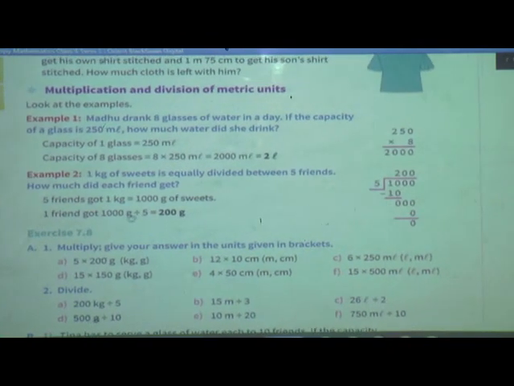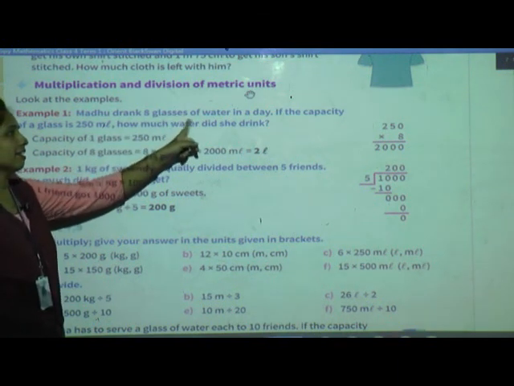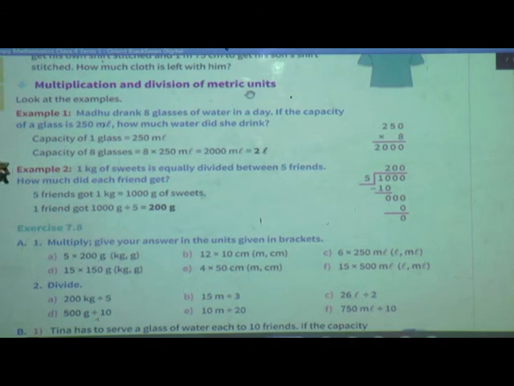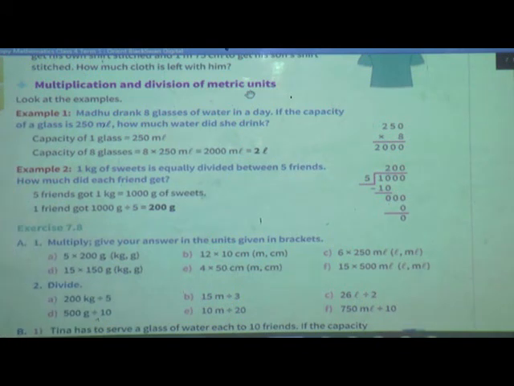Now we will see multiplication and division of metric units. Okay. Now see, look at the examples. Madhu drank 8 glasses of water in a day. If the capacity of glass is 250 ml, how much water did he drink?